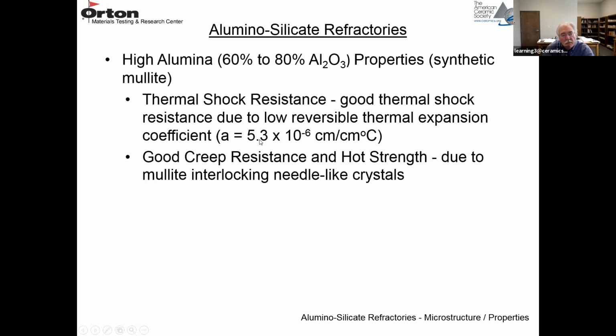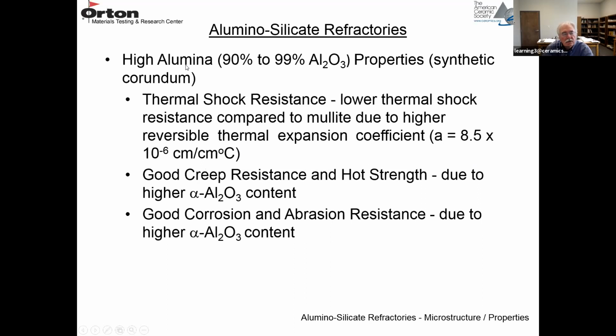So the low thermal expansion coefficient of mullite gives it good thermal shock resistance. I mentioned, and we saw some micrographs showing mullite needle-like crystals that interlock. Those interlocking crystals give it good creep resistance and good hot strength.